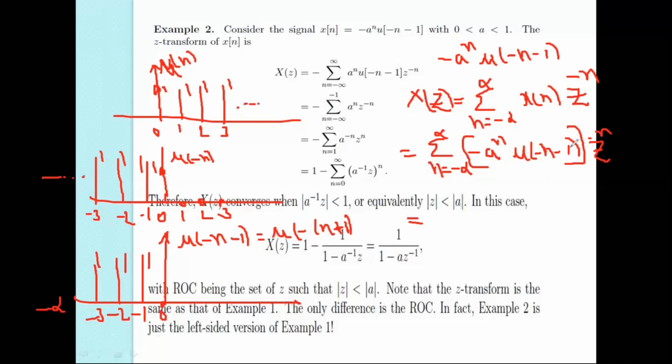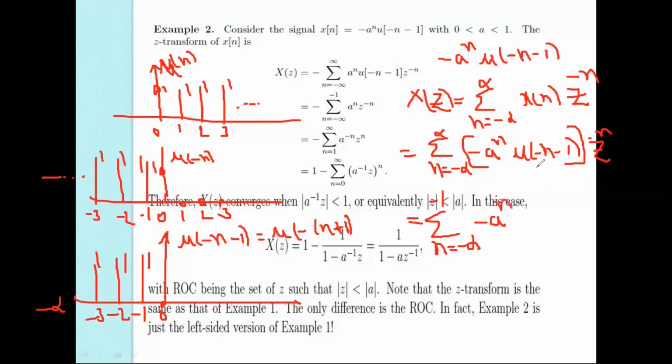So mu of minus n minus 1 has value 1 in the range n from minus infinity to minus 1. Remember, my students, minus 1. Don't write it as 0, because it is shifted towards the left side by one sample.